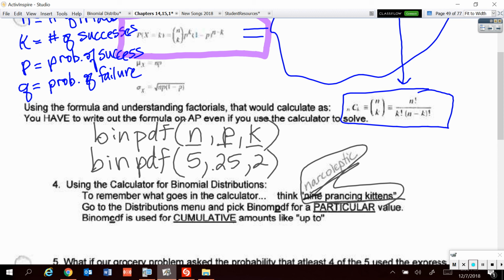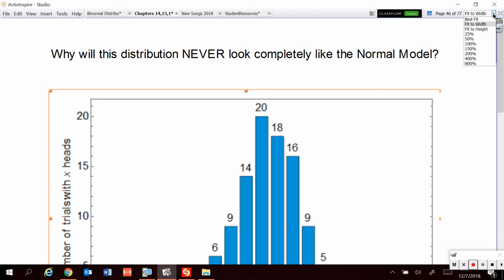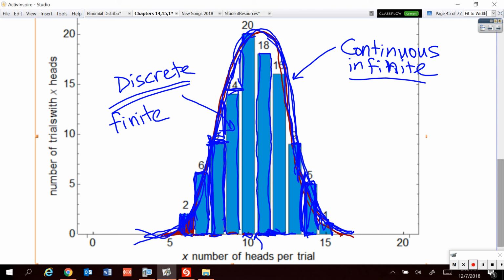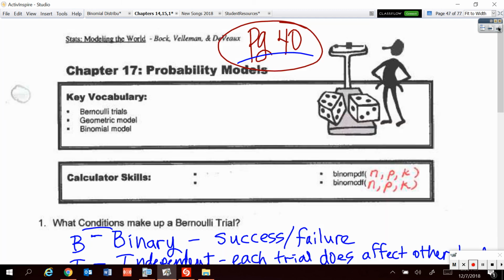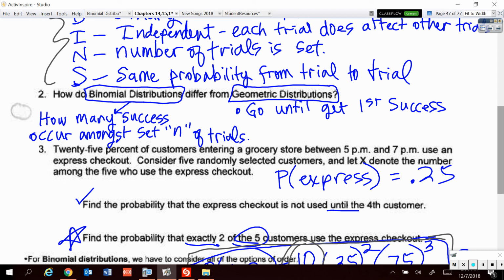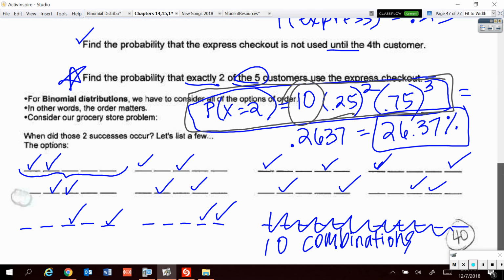In summary, we identified this idea of a binomial distribution being made up of these discrete finite items, which is going to be a little bit different computation than the continuous normal model. Then we discussed what those qualities are to make us have that binomial situation, the differences between binomial versus the geometric, and then we had the discussion about how many combinations, which adds some difficulty level to the math.